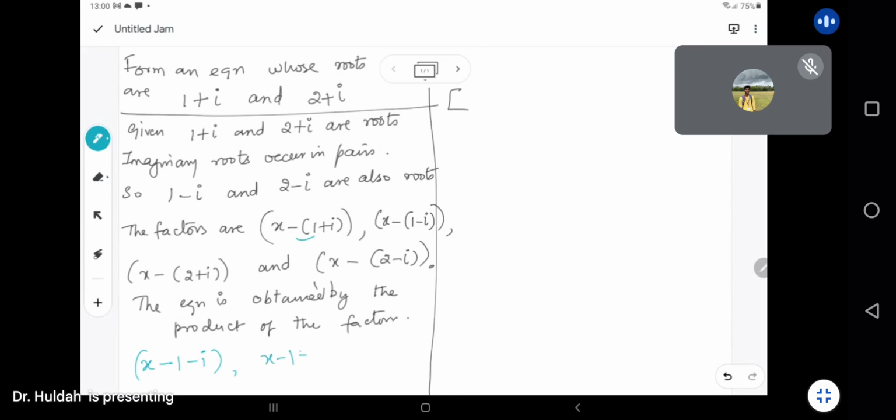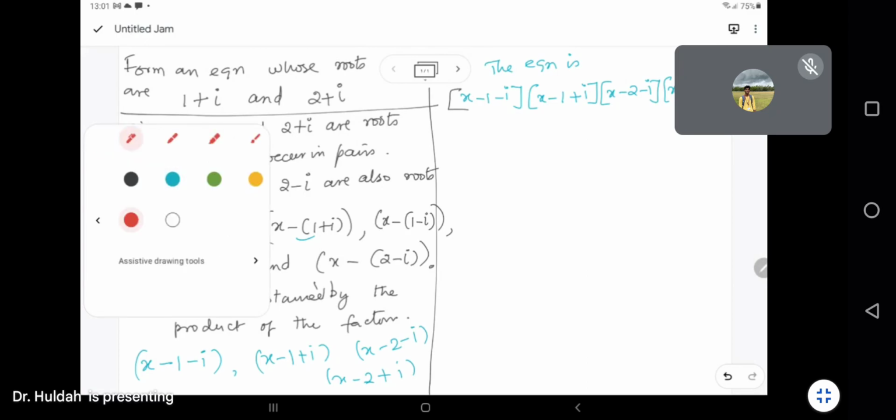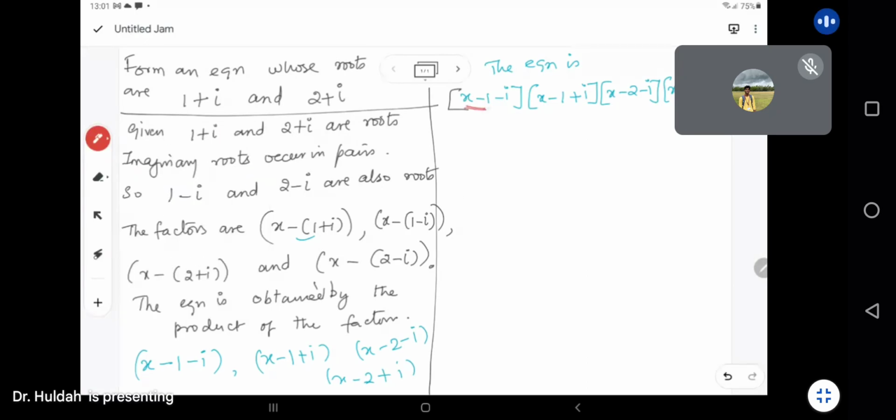Then (x minus 1 plus i) is one other factor. (x minus 2 minus i) is one factor. (x minus 2 plus i) is one factor. Okay, I have to find the product of all this. See how I'm writing? Equal to 0. The equation is. Is this clear? Yes, ma'am.